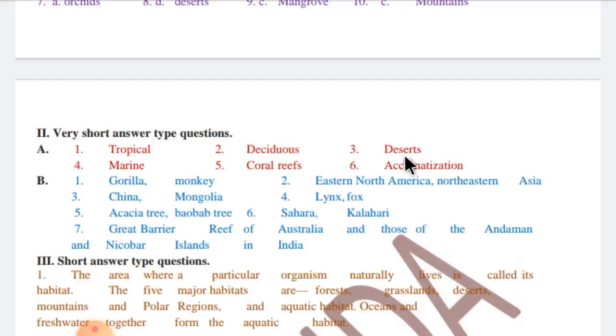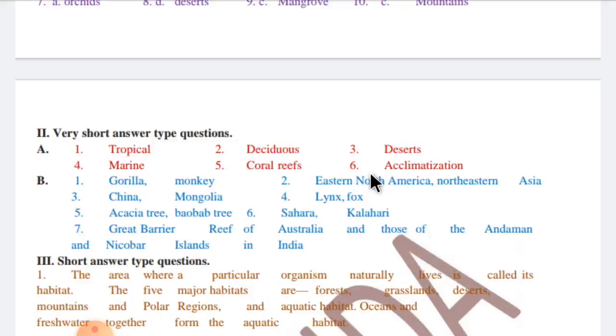As you know, the answer is deserts. Fourth one: the largest habitat on the planet, marine, right? Let's see the fifth one: rainforest of the sea. The correct answer is coral reefs.